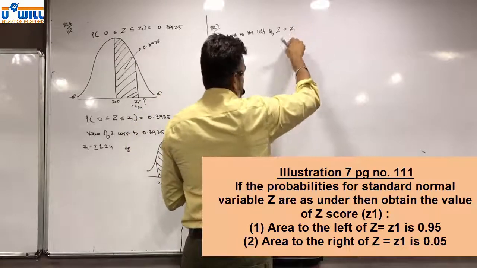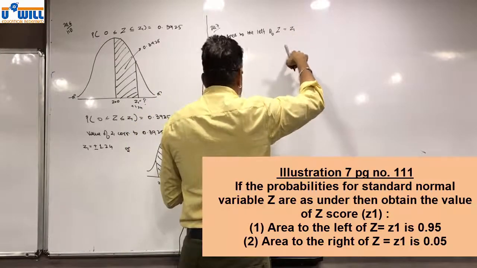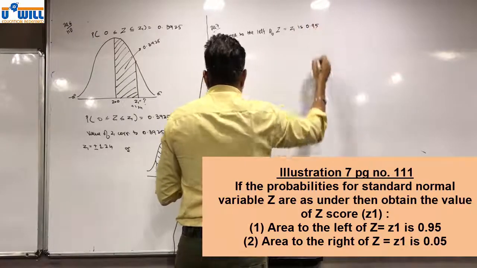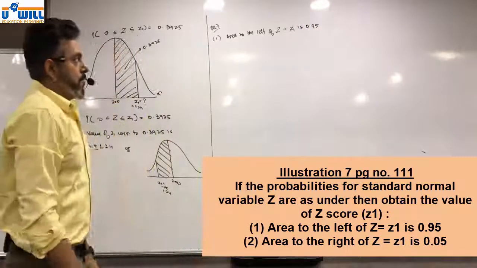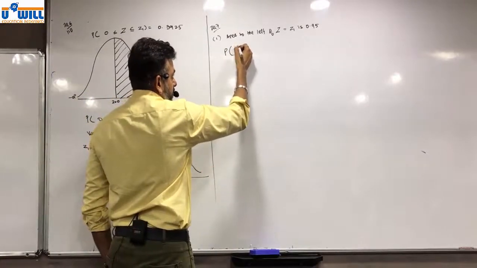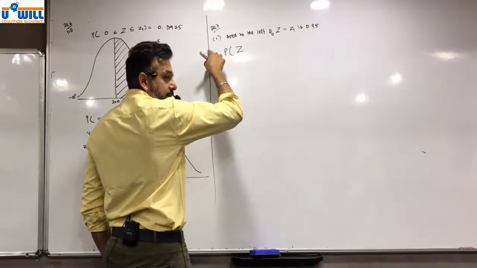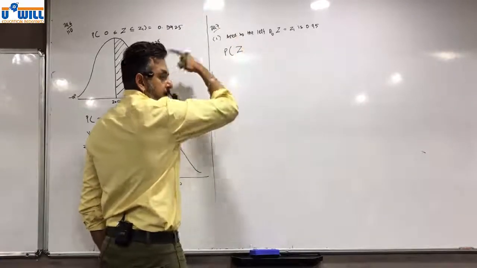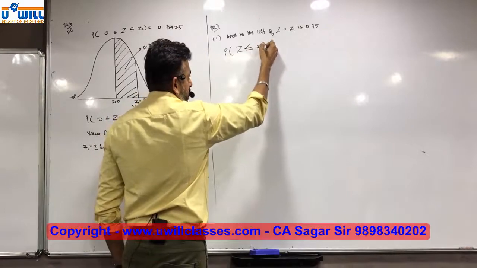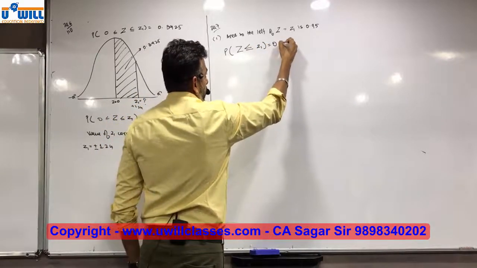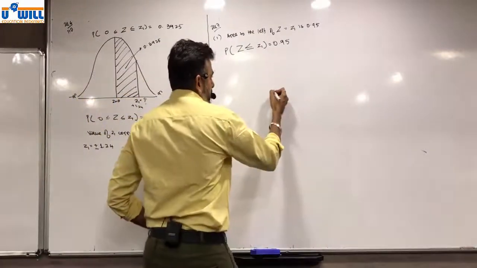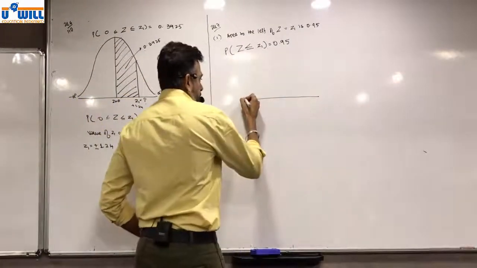Z1, which we convert x minus mu upon sigma, is 0.95. Now, probability of Z to the left, so less than equal to small z1 equal to 0.95. Now the shading will be, we start from here.